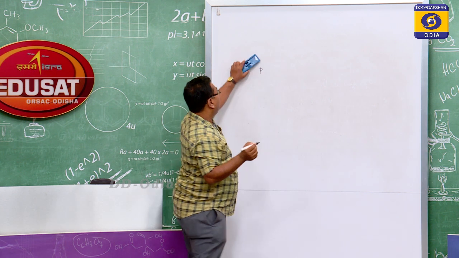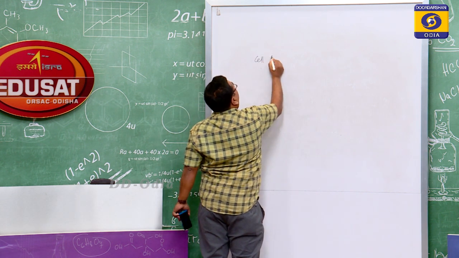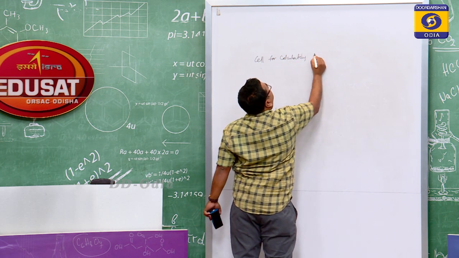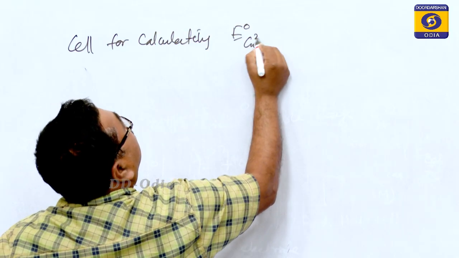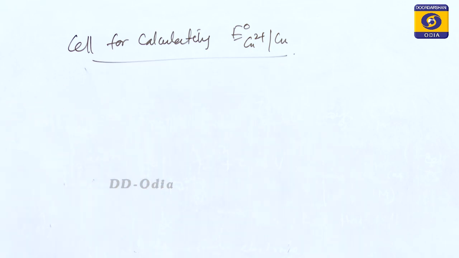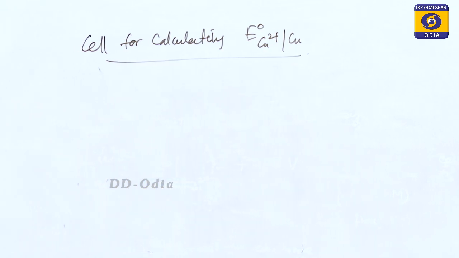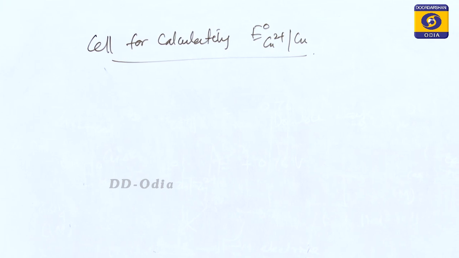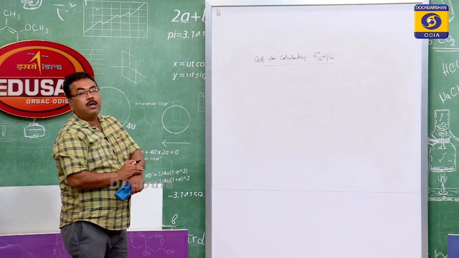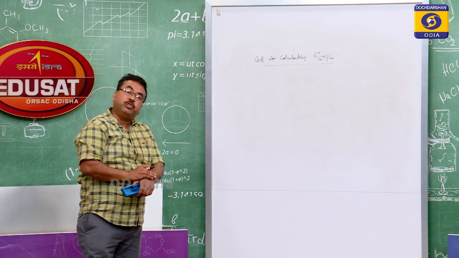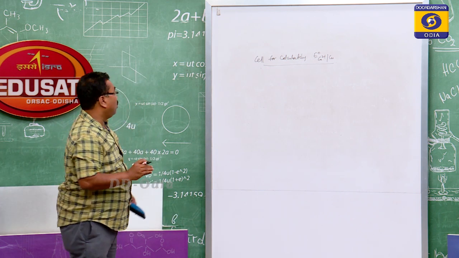The cell setup for calculating E0 Cu2+/Cu, that means the reduction potential.